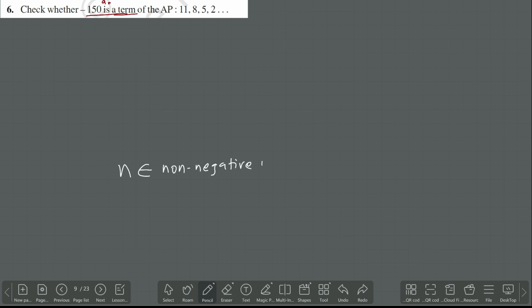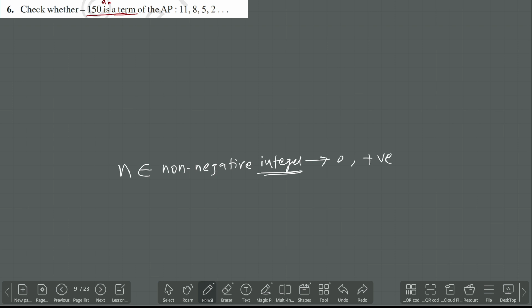Non-negative integer. That means it can come 0 or any positive value. It's an integer. Do you understand? The n value should come as a non-negative integer, then only yes, minus 150 is a term of the AP, we can say.